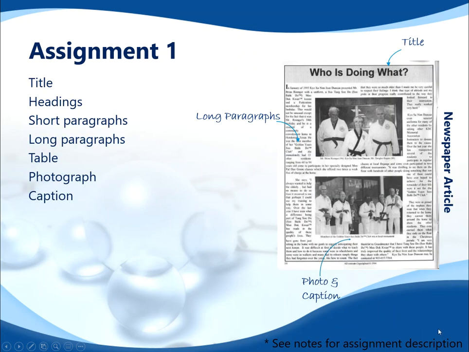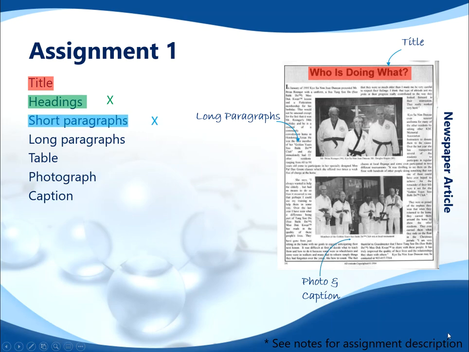All right, so let's have a look at a newspaper. A newspaper has a large headline, but it doesn't have subtitles, it doesn't have headings for each section, none of that.